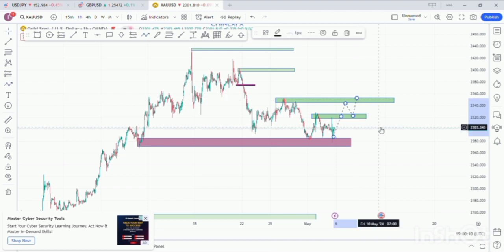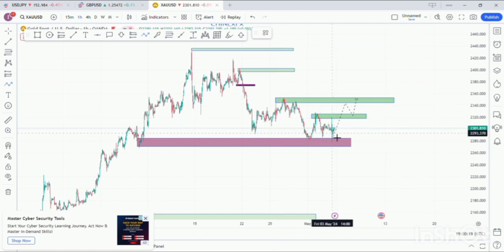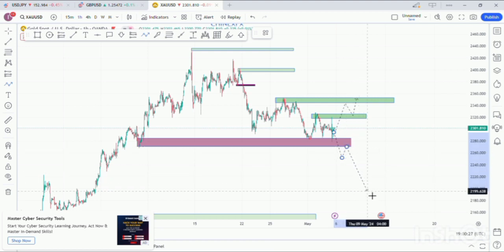But on the flip side, if price decides to continue downward, guys, remember I always do a flip side scenario depending on the opening price on Monday. If price decides to continue downward, we're expecting price to break out of the current support zone, give us a retest and then continuation to the downside.